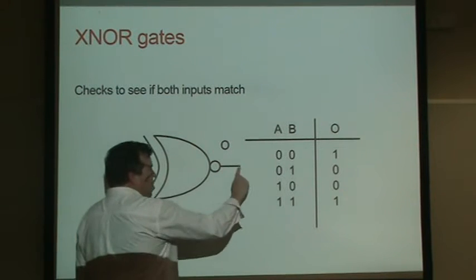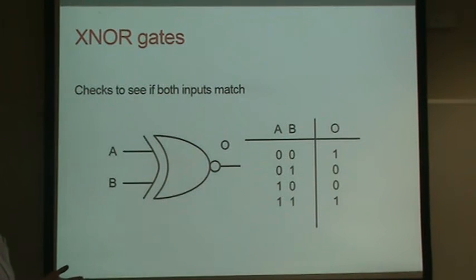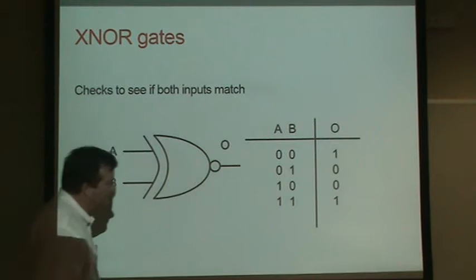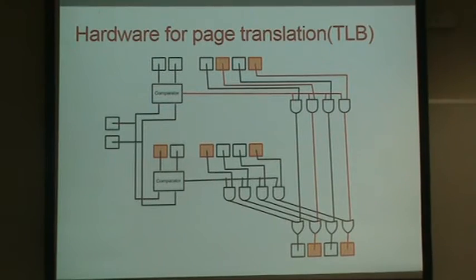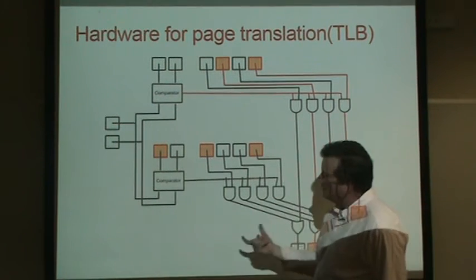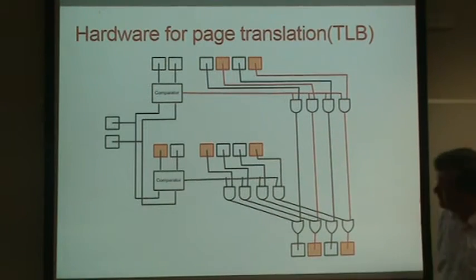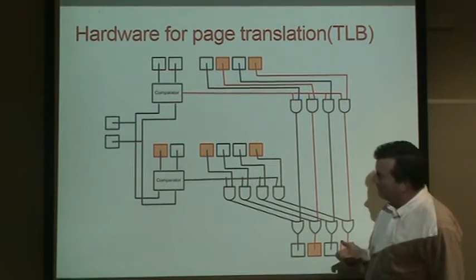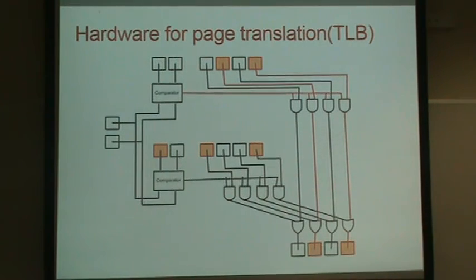Then take all the outputs and run them all into one big AND gate. And if that final wire turns on, that means the two sets of bits matched exactly. So if we had a piece of hardware like that, we can do comparisons. A collection of those gates is sometimes called a comparator.